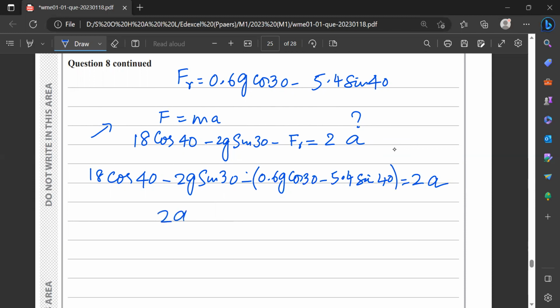So 2A is 2.3676 and so on. Divide by 2 finally.